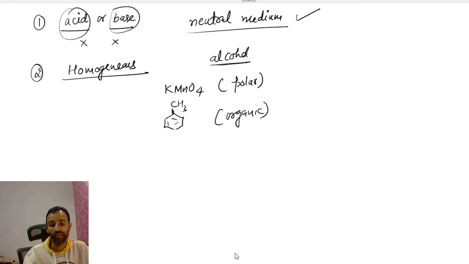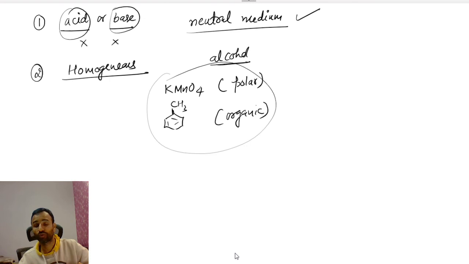So both are forming homogeneous mixture, so reaction is faster than in heterogeneous medium. Okay, so that's why we use alcoholic KMnO4 while preparing or synthesizing benzoic acid rather than acidic or basic medium. Got it? Simple. Now second question.